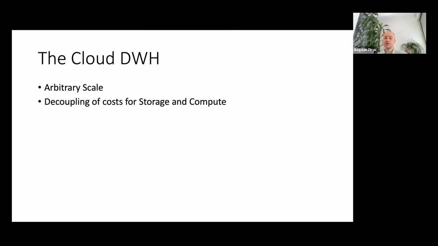This means you can put almost an infinite amount of data into your cloud data warehouse at a very reasonable cost, because as probably most of you know, the cost of object storage is quite reasonable nowadays. So you can just store all the data in there and analyze it later when you have some use cases.